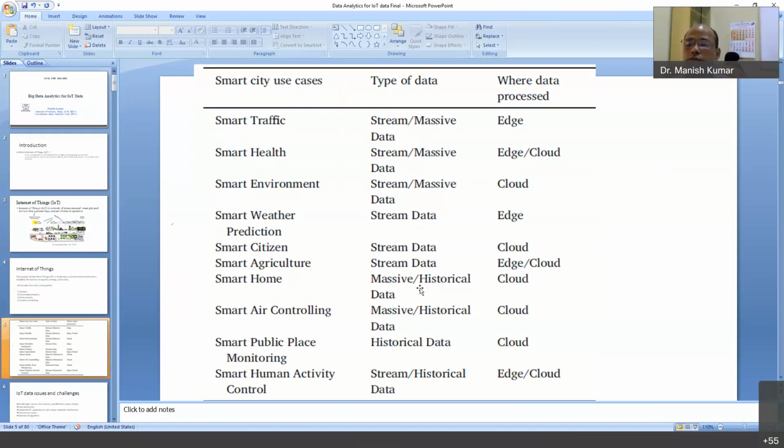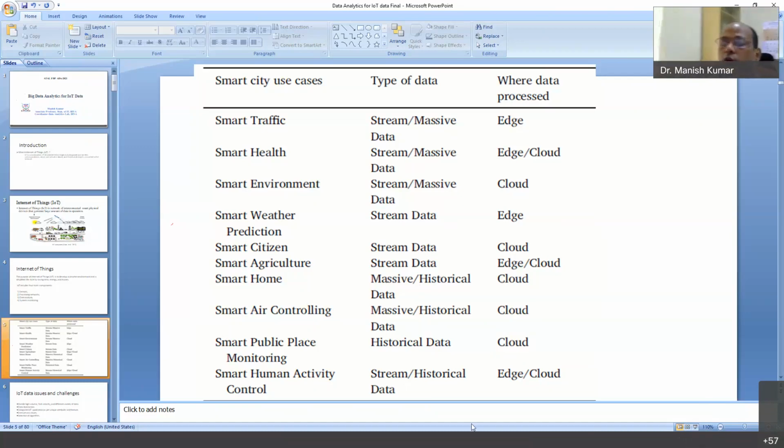These are some areas, domains or applications, where we are working in terms of data analysis. We have smart traffic, smart health, smart weather predictions, agriculture, then smart home.